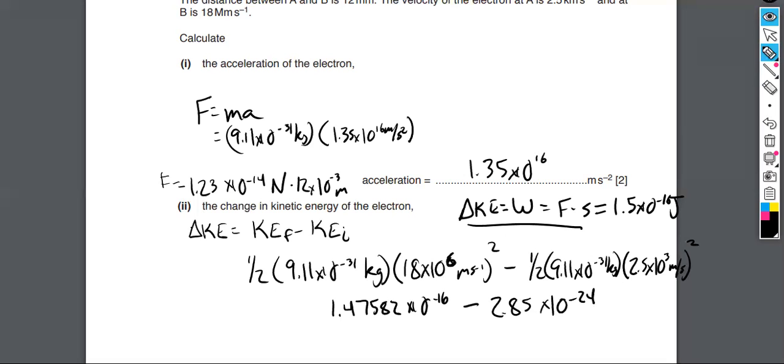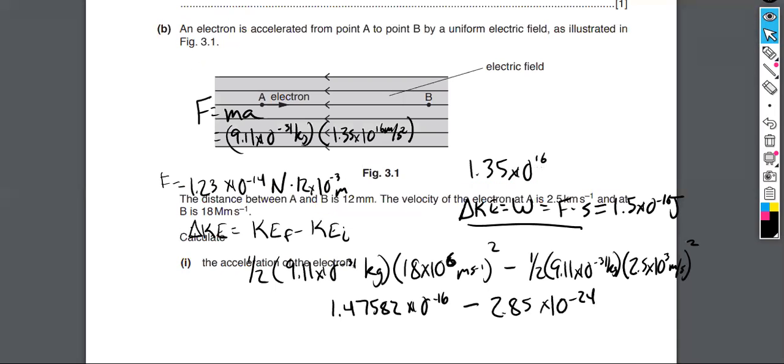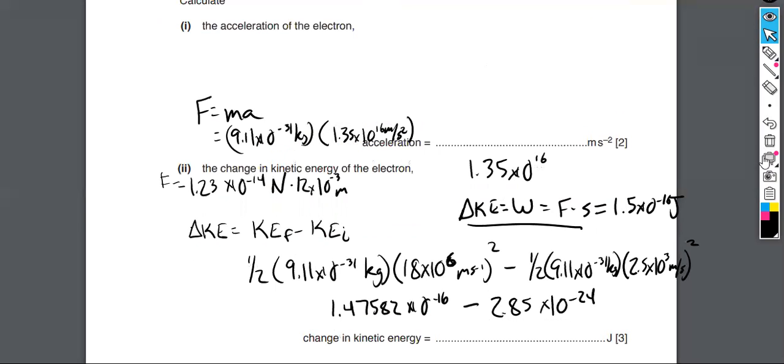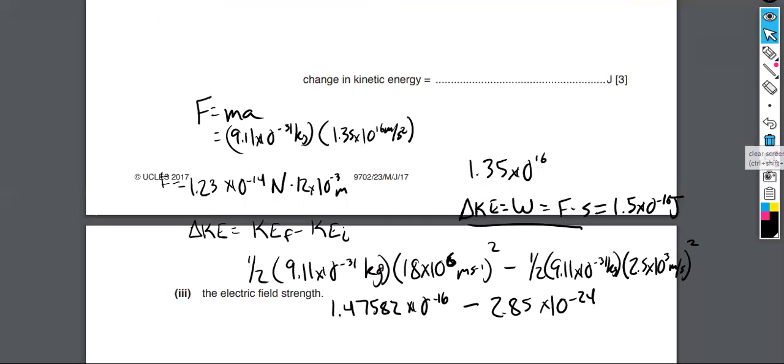So why is this so negligible compared to that? If I were to subtract this away from it, let me actually do that on my calculator. So I'll make that negative and add it back to the 1.47582 by 10 to the negative 16.